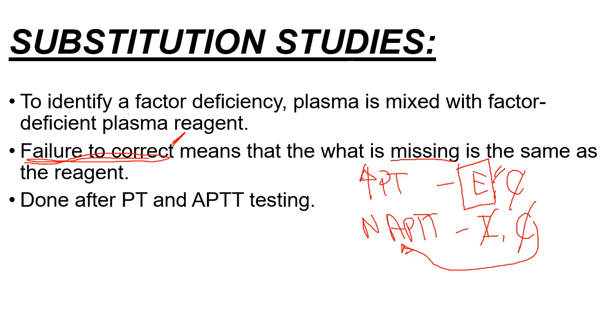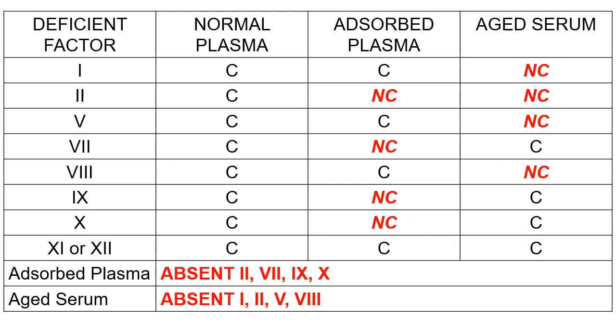So, ganito ang substitution test. Okay, di ba nabanggit ko nga gumagamit ng iba't ibang reagents or specimen for the substitution test. So, gagamit tayo ng normal plasma, which is present lahat ng mga clotting factors.